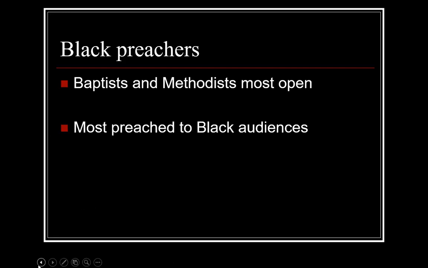Eventually, though, states passed a variety of laws against black preachers, or limiting the work of black preachers, and certainly limiting the work of black preachers among whites, but even among blacks as well. A lot of concern about inciting rebellion, inciting slave insurrections, was very much a problem.